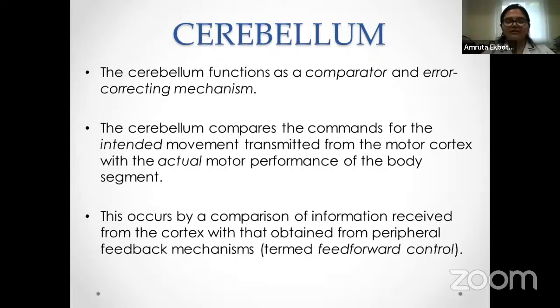The comparison will occur by comparing the information received from the cortex with that obtained from the peripheral feedback mechanism. Peripheral feedback mechanisms will involve your receptors, your joint receptors, your cutaneous receptors, which will give information according to the object that is placed or according to the movement that is happening, which is also termed as feed-forward control.